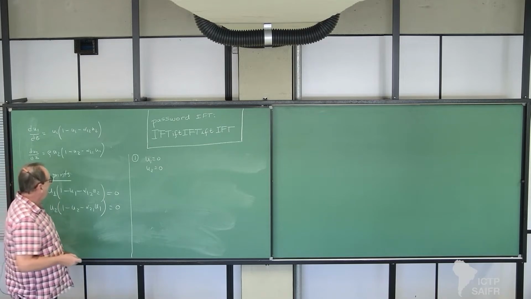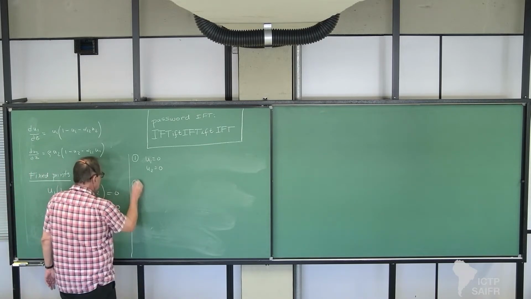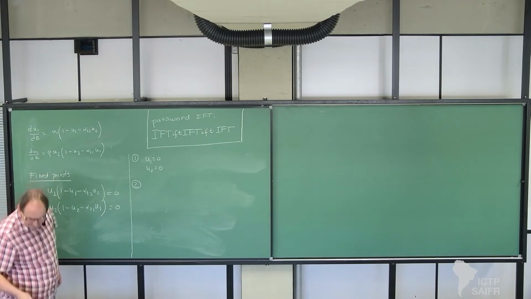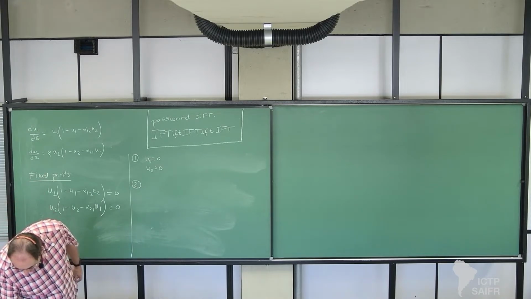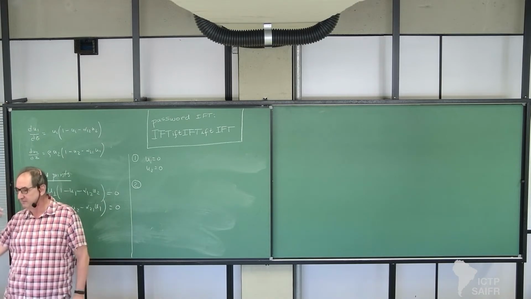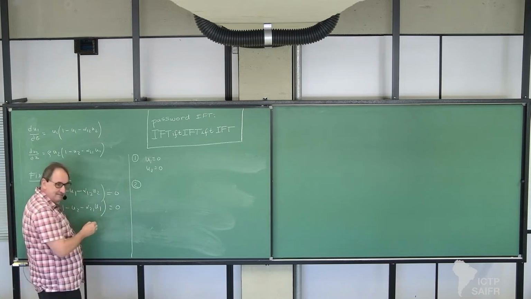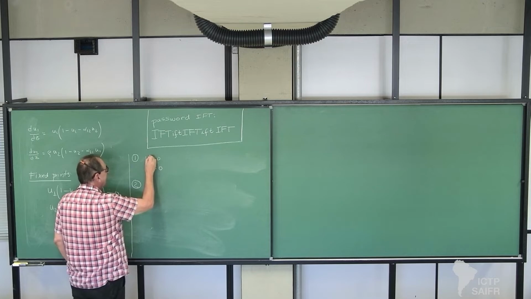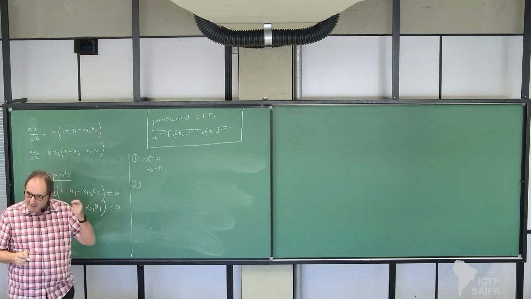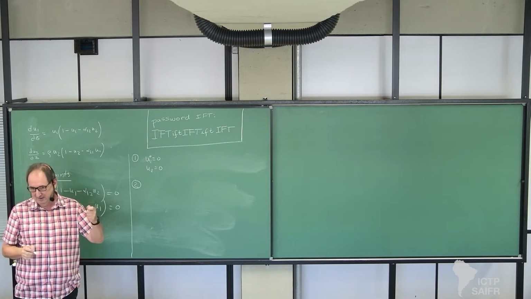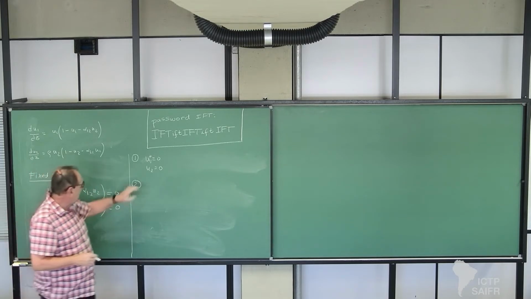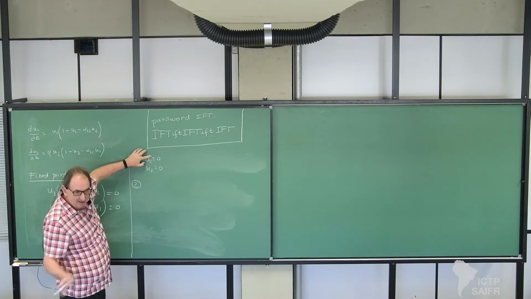Then I can say u1, let me just follow exactly what they have done. Usually, people in this case sometimes put a star here, meaning that's the fixed point. In the books that they use, in the books of Murray.